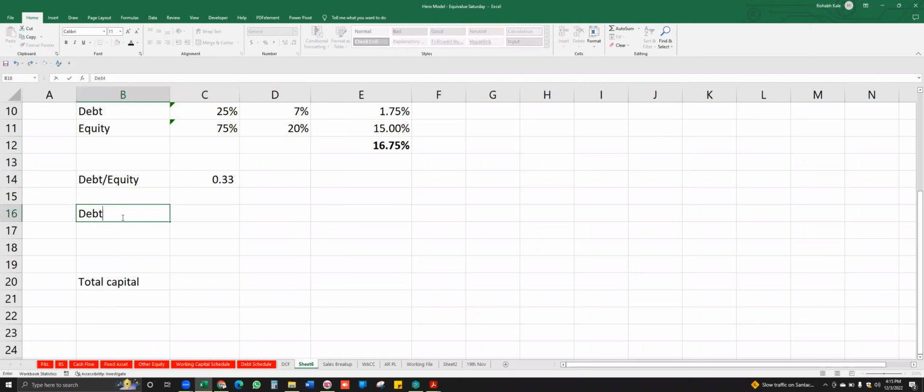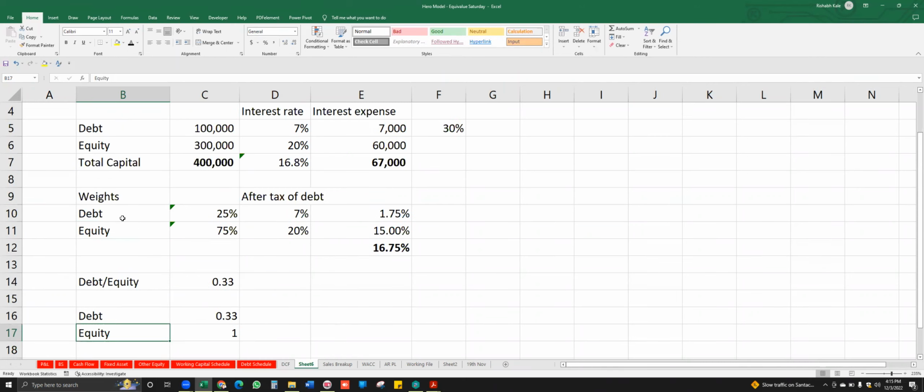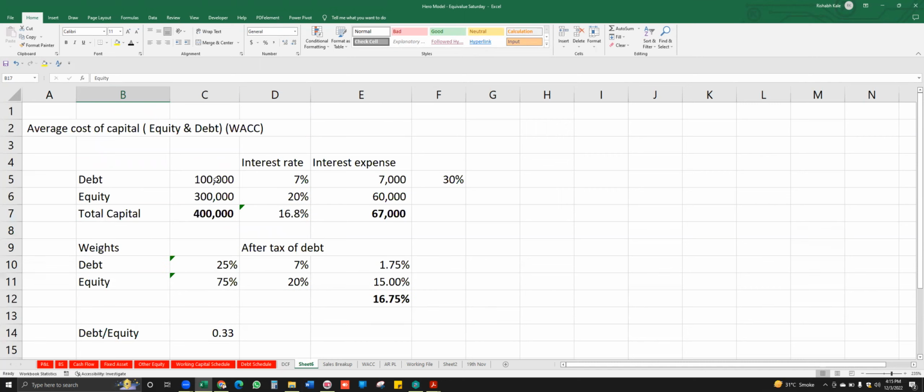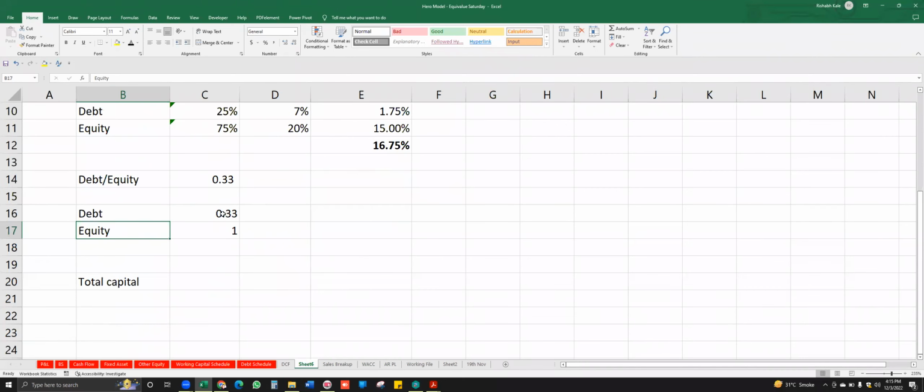Can I say my debt will be 0.33 and my equity is 1? Whenever I say my debt to equity is 1/3, can I say this? My debt is 0.33 and my equity is 1. Can I say this?